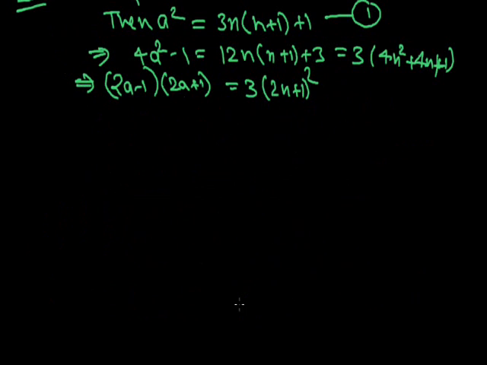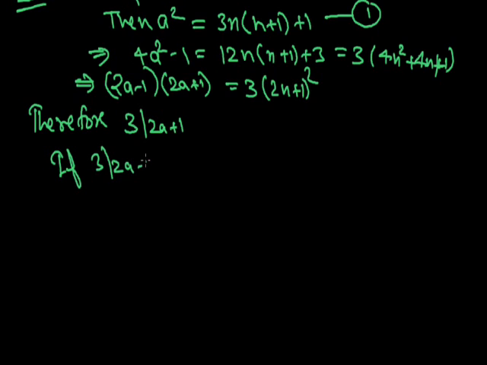From here we can say that either 3 divides 2a minus 1 or 3 divides 2a plus 1. If 3 divides 2a minus 1, then we can say that 2a minus 1 will be equal to 3m for some integer m.